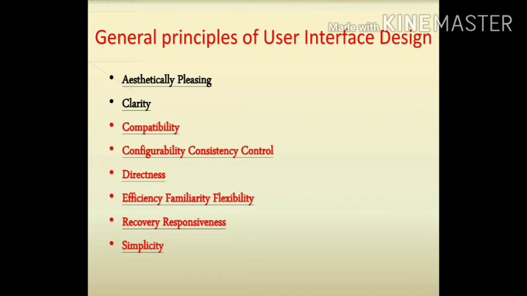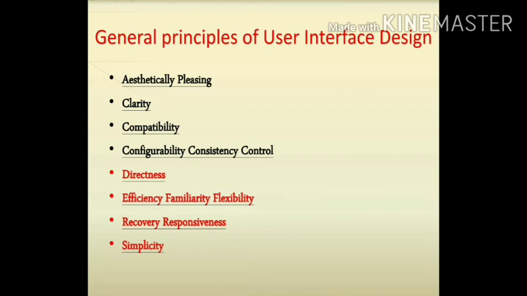Similarly, the user interface design must provide compatibility with the following: the user, the task and its job, and the product, and it should always try to adopt the user perspective. Similarly, it should be comprehensible, configurable, and consistent.